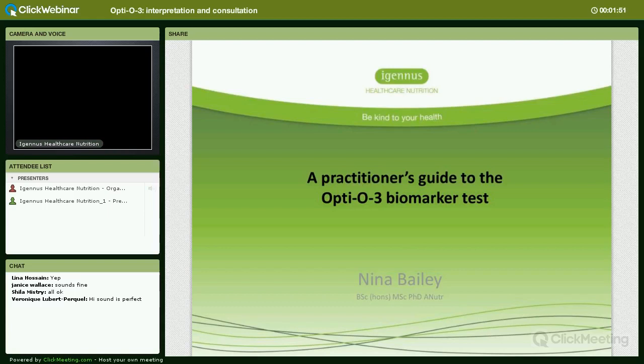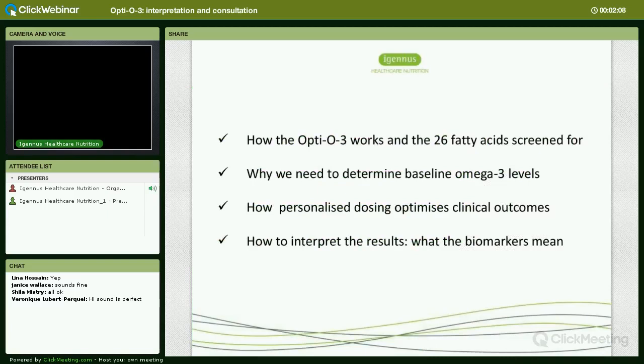For those of you who are considering using our Opti-O-3 biomarker test, we do advise that you use it in conjunction with our Restore and Maintain treatment program, for successful intervention and successful results. So today I'm going to be talking about how the Opti-O-3 biomarker test works, and a little bit about the fatty acids that we screen for.